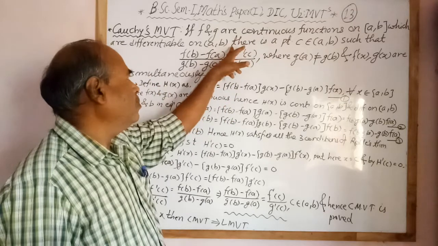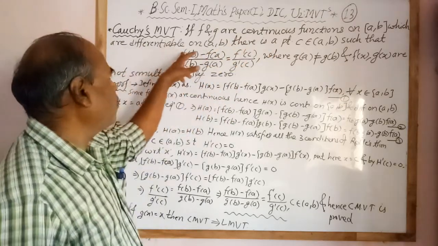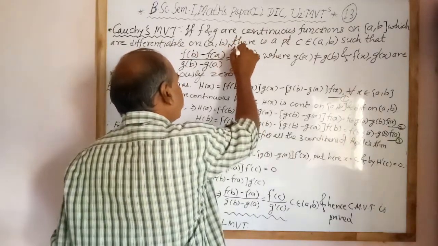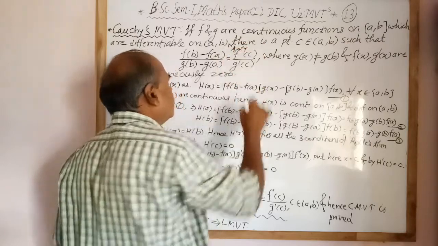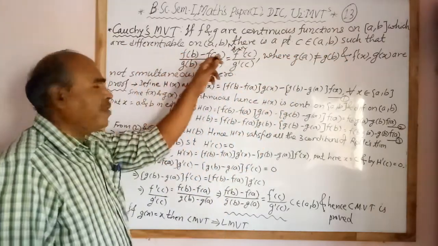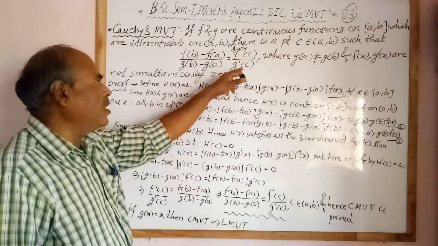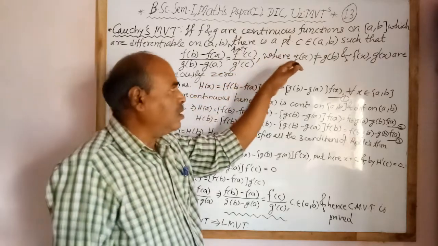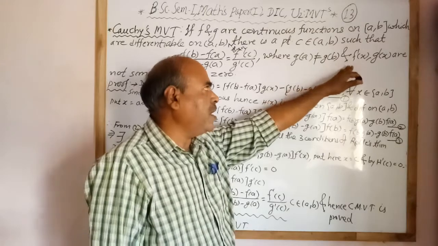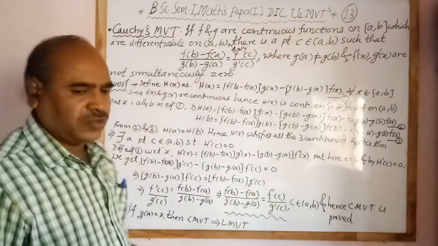Then there is a point c belonging to the open interval (a, b) such that (f(b) minus f(a)) divided by (g(b) minus g(a)) equals f dash of c divided by g dash of c, where the condition is g(a) is not equal to g(b), and f dash and g dash are not simultaneously 0.